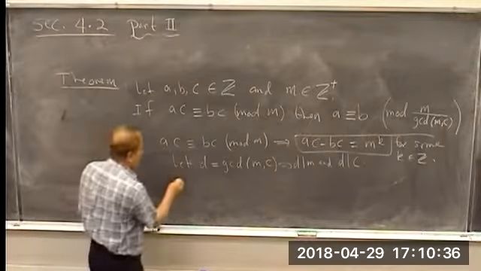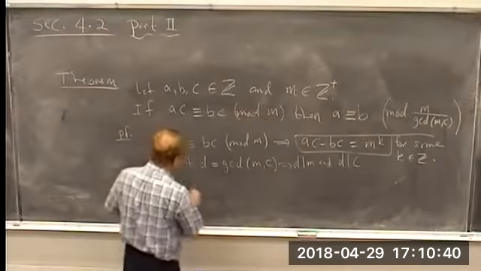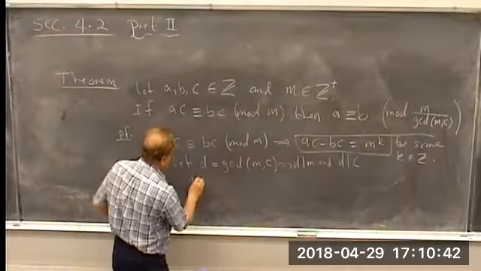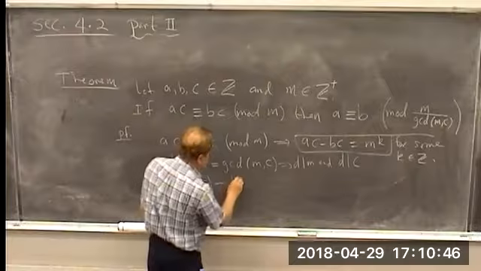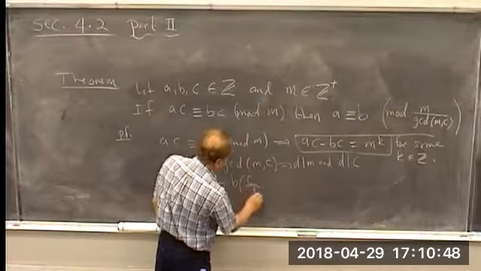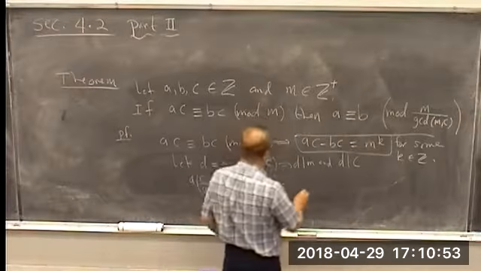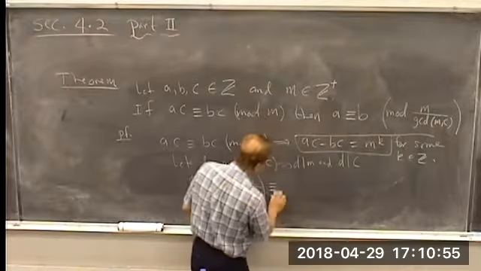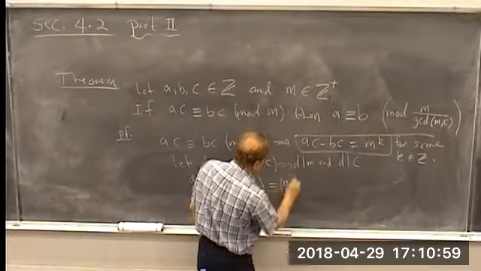So we get A times C over D minus B times C over D, and this is still equal, we still have equality here, to M over D times K.